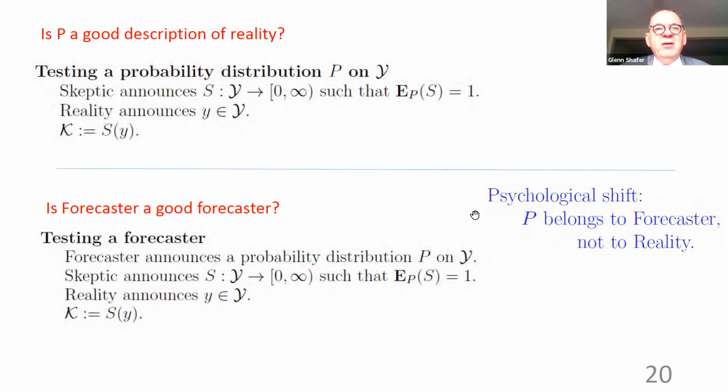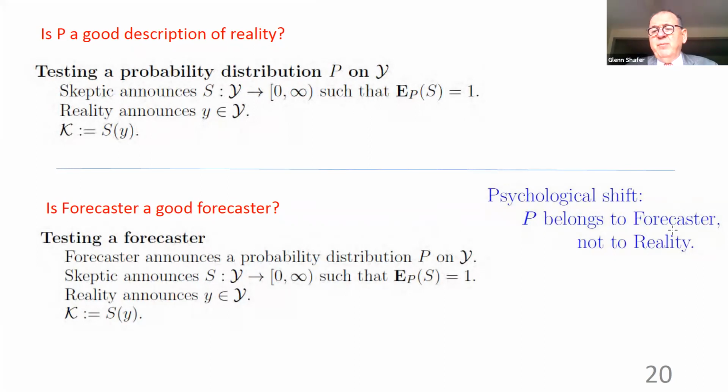Up here, it made it look like P belongs to reality; we were accustomed to thinking that if we're talking about objective probabilities, the probability is part of nature. But here it's clear the P belongs to the forecaster, and not to reality. And that's a psychological shift.